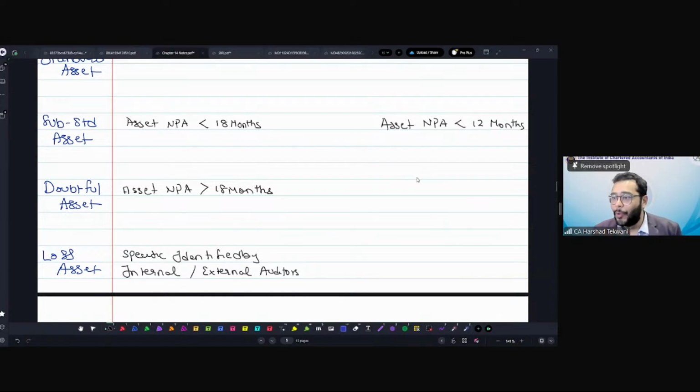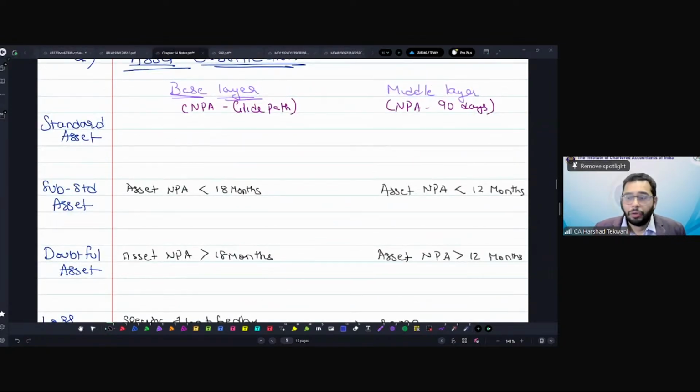For the doubtful asset, where I was talking about asset NPA for more than 18 months, I will talk about asset NPA for more than 12 months. Now, guys, what is loss? Same. There is no difference on that. Clear with the substandard, doubtful and loss asset classification?